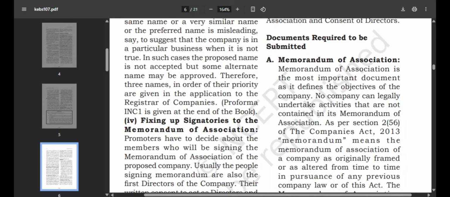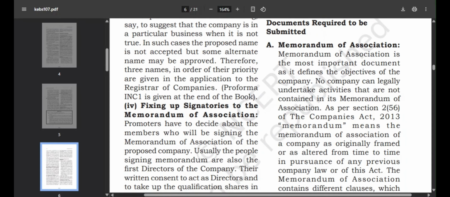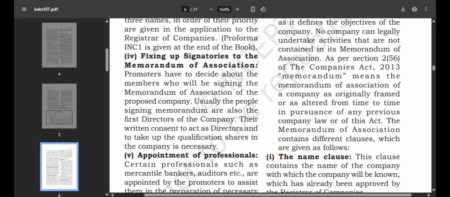As per Article 2, Clause 56, the memorandum of association of a company as originally framed or as altered from time to time in pursuance of any previous company law or of this act.